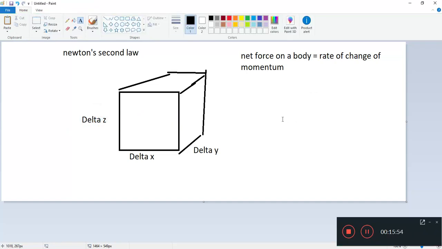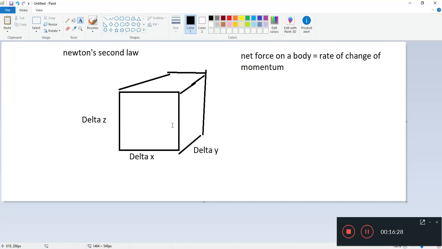Alright, so these are the stress forces I'm talking about, and each face can have a stress force acting on it. And now, of course, with the 3D problem, you have 3 directions of those stresses. So you can see this problem is going to get really complicated really quickly. But don't worry, we'll take it one step at a time. So each face will have a force acting on it that you can decompose into 3 vectors, and you can call it in the form of stresses, which are in the x, y, and z direction.